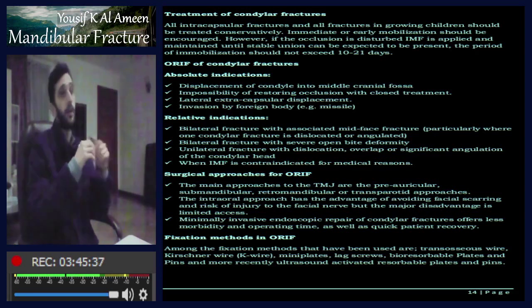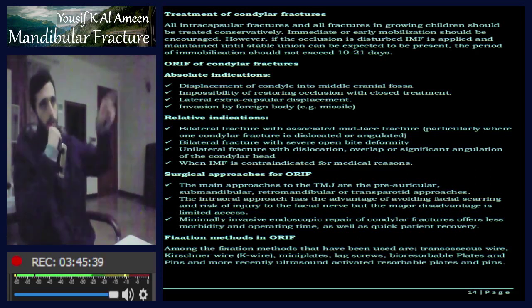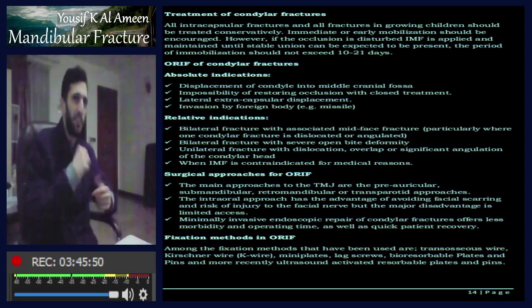I think I understand now. Sometimes it's early mobilization and sometimes intermaxillary fixation is required for the patient to be treated. But of course, not exceeding 10 to 21 days.